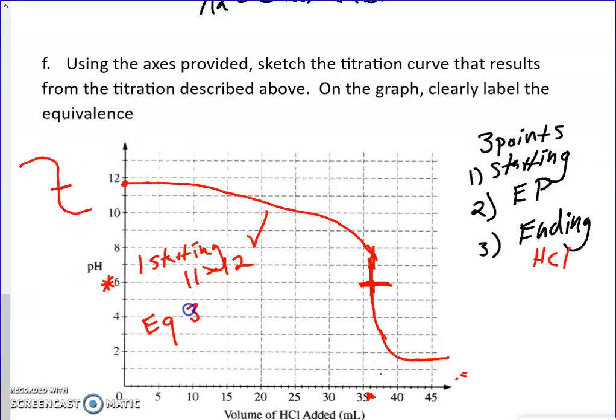The equivalence point being at 36 milliliters added and around a pH of 6. Check, we got that. And the third point, in this case, is just the general shape. So those are your 3 points for this particular problem. Easy peasy, or at least for part F of this problem.